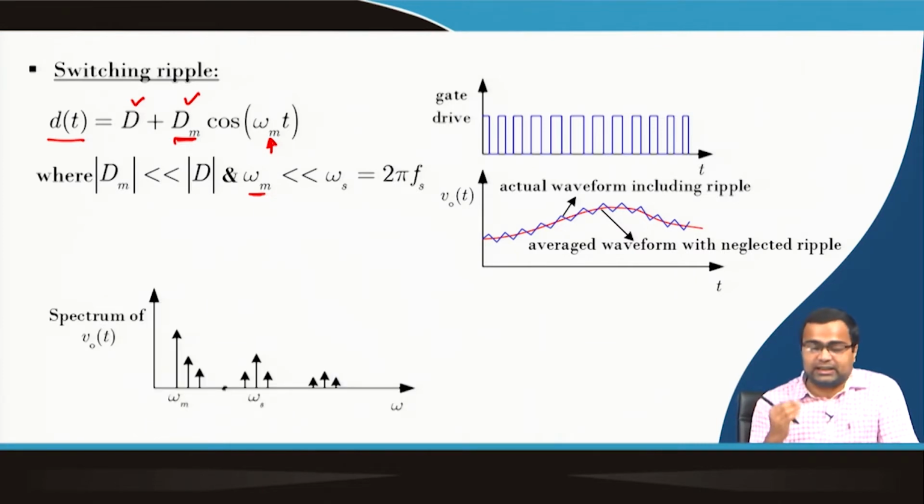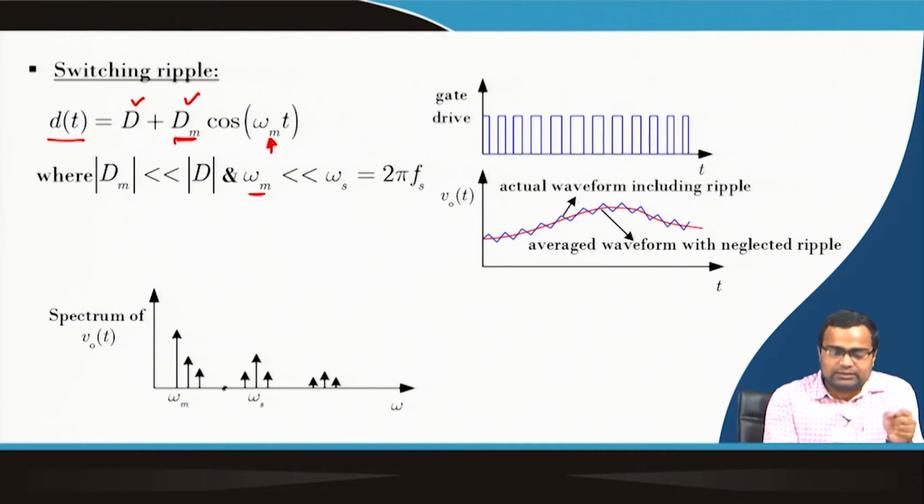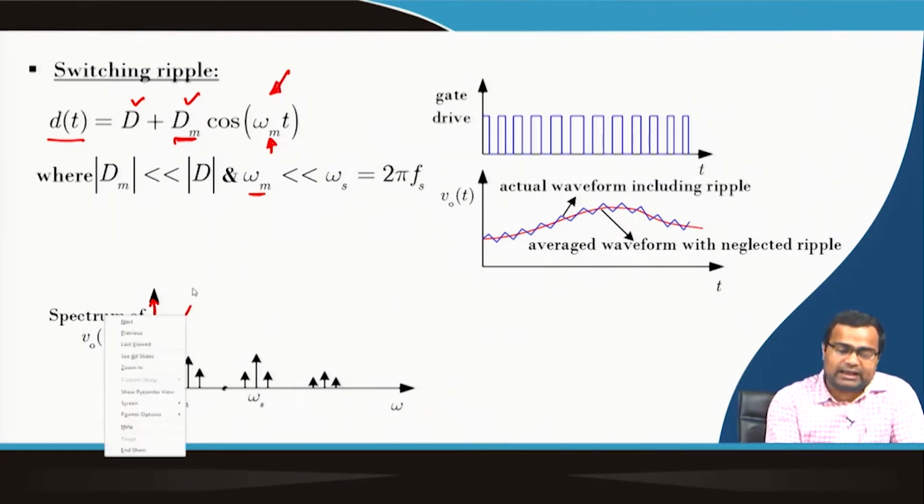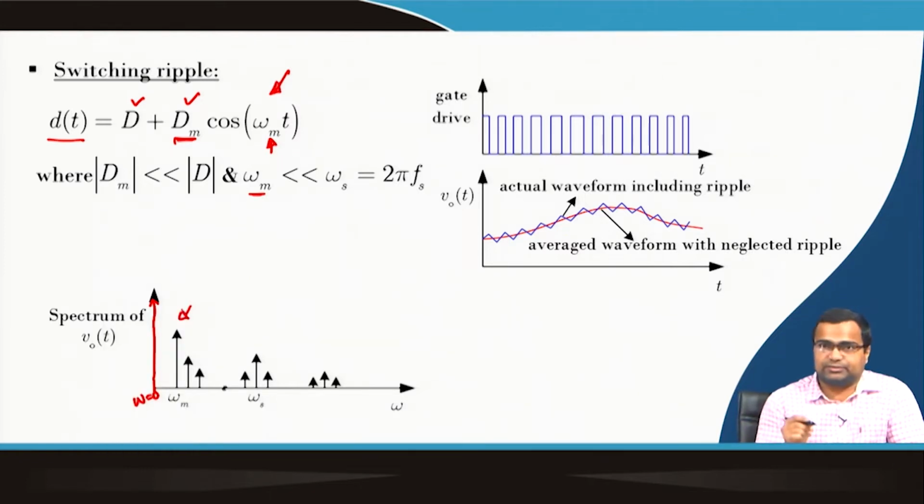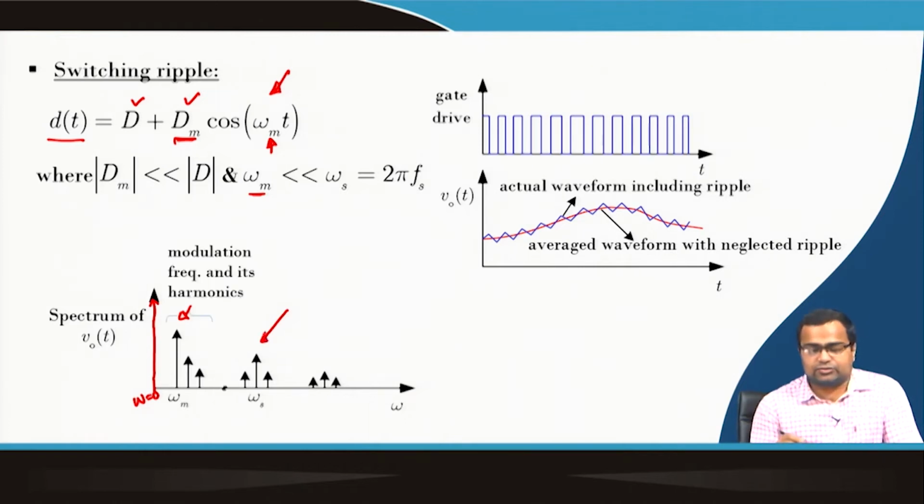And we know, if we take the spectrum of the output voltage, then we will get a DC component at 0 frequency, which is the average value of the DC voltage, and then since we are exciting the duty ratio with a modulating frequency, we will get a side lobe at omega m and also its harmonics.